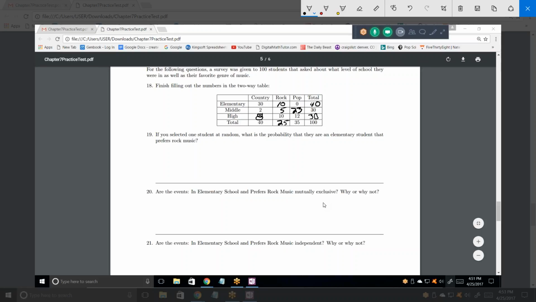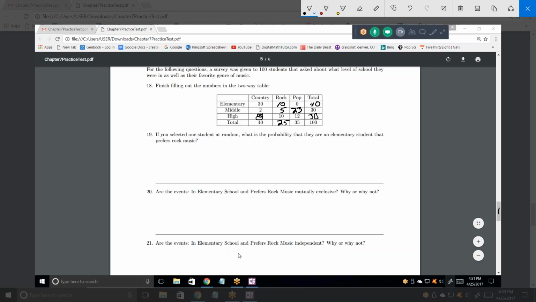Mutually exclusive would mean that nobody in elementary school prefers rock music. But clearly 10 people do. What is mutually exclusive is the number of people in elementary school that prefer pop music. There are none of those. Okay?